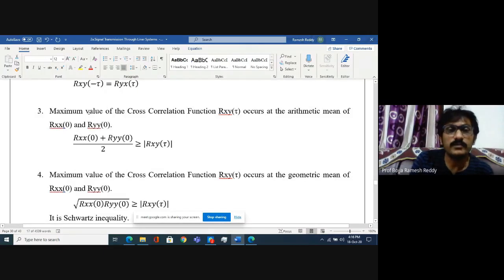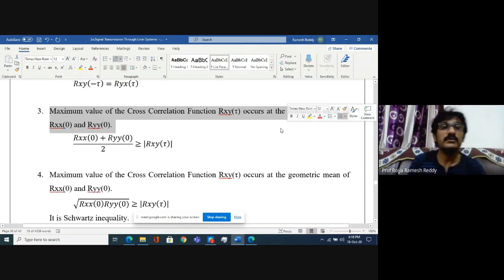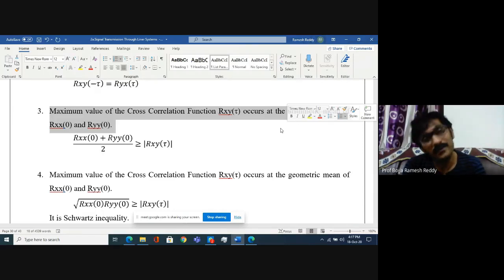Then the maximum value of the cross correlation function rxy of tau occurs at the arithmetic mean of rxx of 0 and ryy of 0. Here rxx of 0 is nothing but the autocorrelation function of x of t, and ryy is the autocorrelation function of y of t.